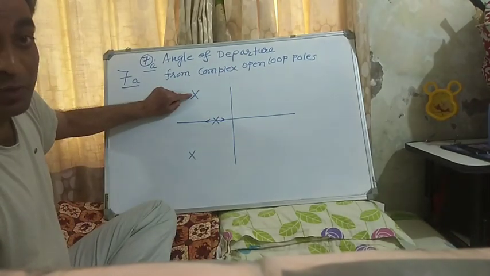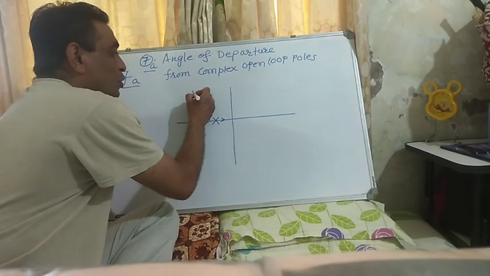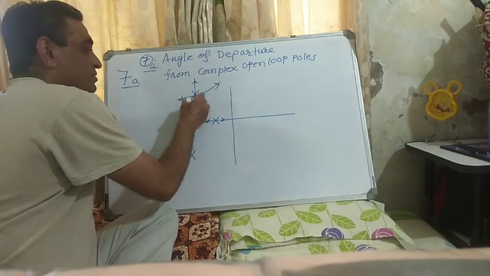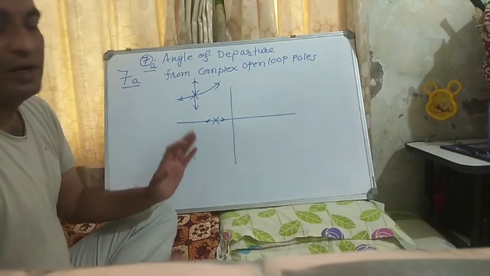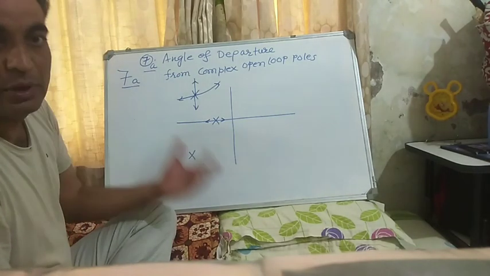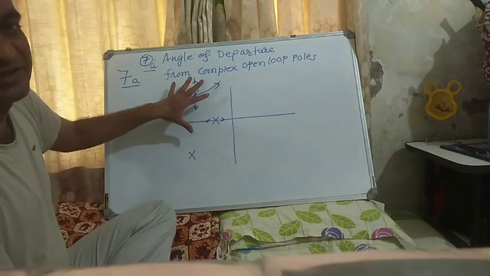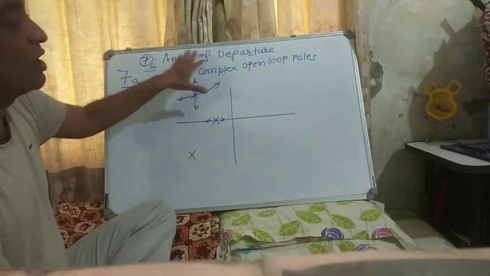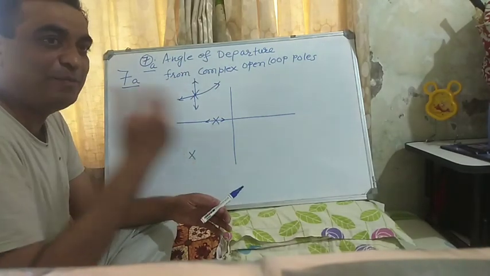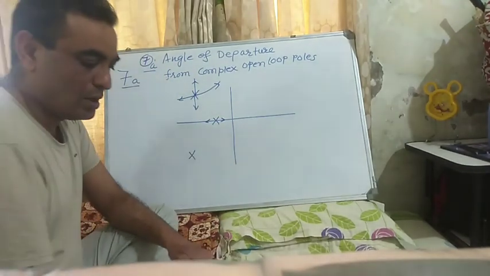But I have a problem with these complex poles because the root locus may go in this direction, this direction, this direction, or this. There is 360-degree freedom for that root locus branch to move away from the open loop pole. So I don't know these directions. This direction is known as the angle of departure. At what angle will the root locus branch depart from the complex pole? That is the rule.